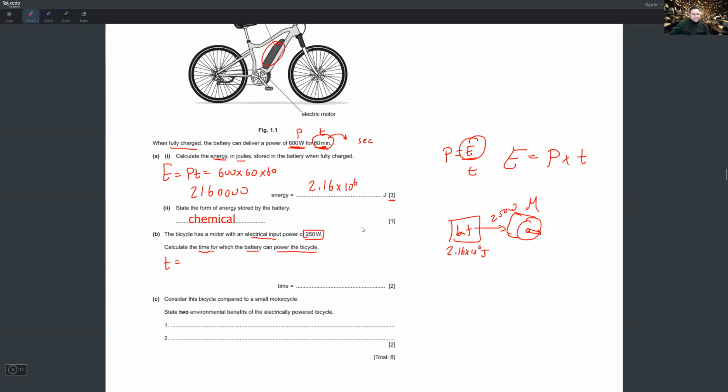Energy, power is energy over time. يبقى time is energy over power. 2.16 times 10 power 6 over 250 watts. يعني هديفايد ده by 250. هيطلع لي 8.64 times 10 power 3 seconds.